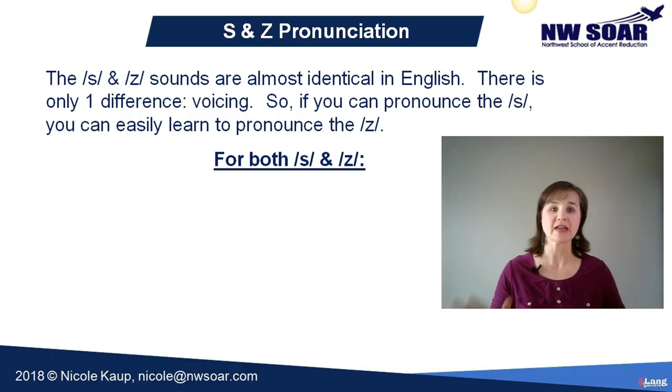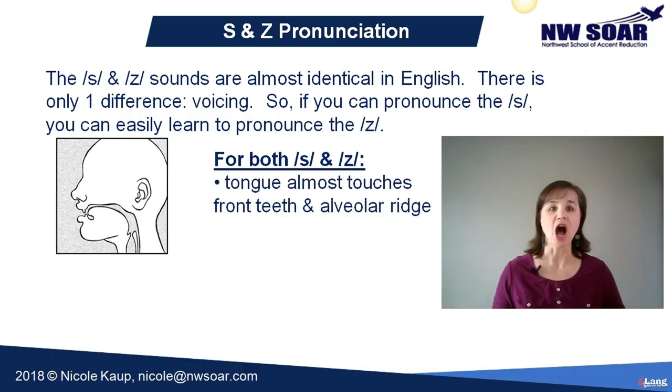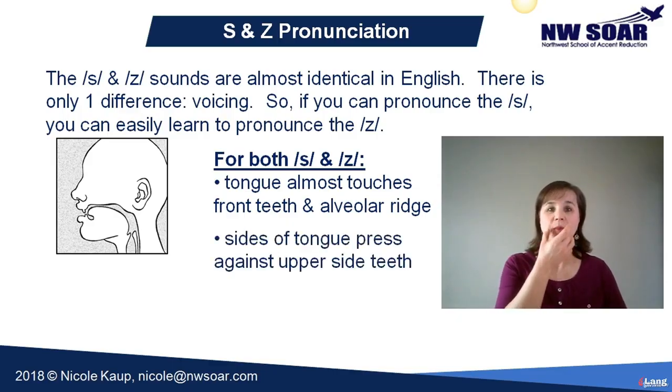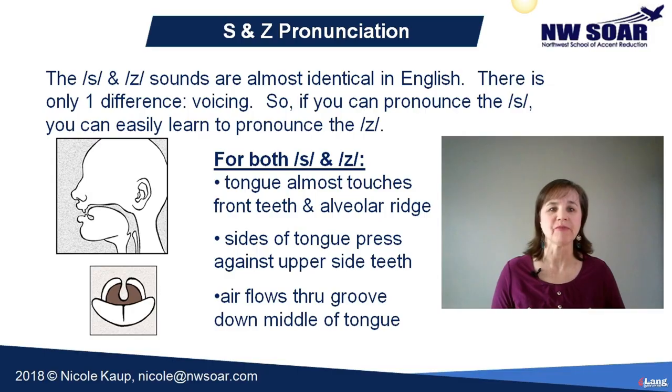For both S and Z, the tongue almost touches the front teeth and alveolar ridge, but not quite. Take a look at the picture. It's not quite touching your front teeth or roof of your mouth, but it's almost there. The sides of your tongue are pressed against the upper side teeth. And you'll notice that the air stream flows through the groove in the middle of your tongue.